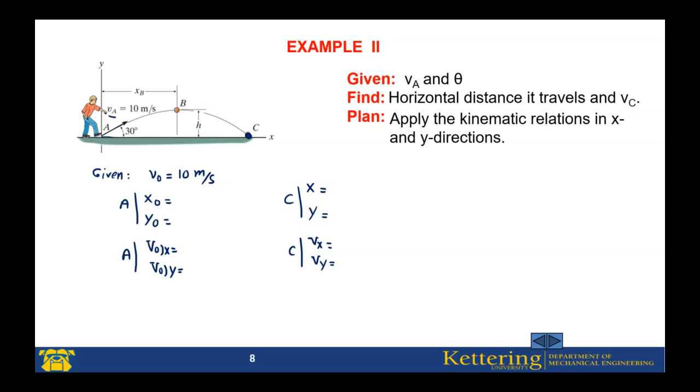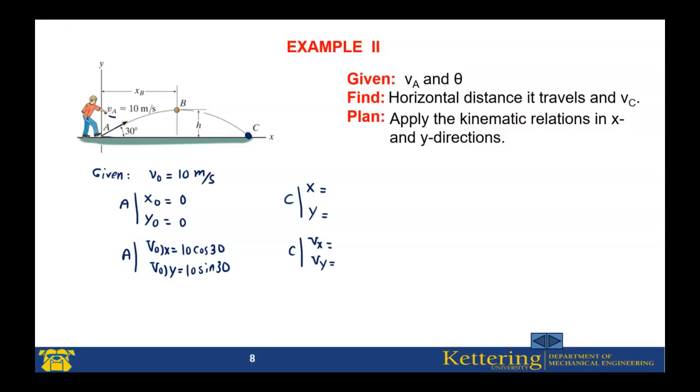How much is V0y? 10 sine 30. That's correct. Whatever I ask you, just put in here: 0, 0, 10 cosine 30, 10 sine 30.